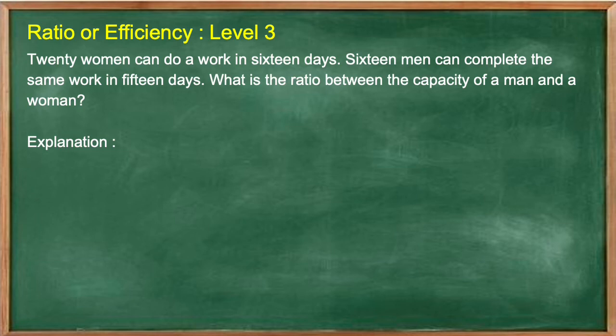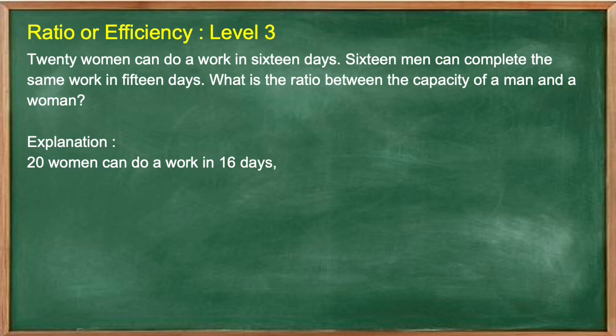And as we have already discussed, the capacity cannot be compared directly. It can be compared with their 1 day work. So let's calculate their 1 day work with the help of the flip rule to find out the required ratio. We know that 20 women can complete the work in 16 days.